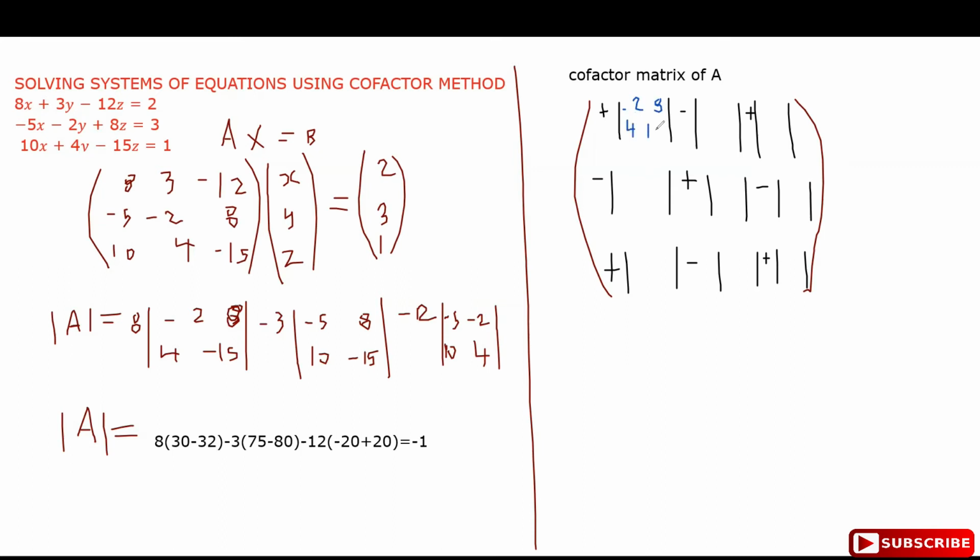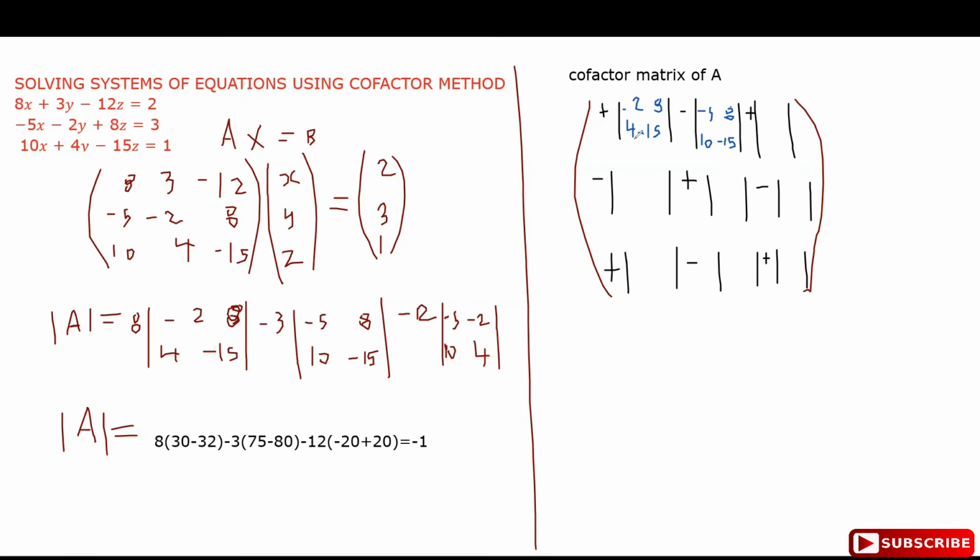So put that in here: minus 2, 8, 4, and minus 15. That goes right there. Then we have minus here. This is for the 3, cross that, that's going to be minus 5, 8, 10, minus 15.